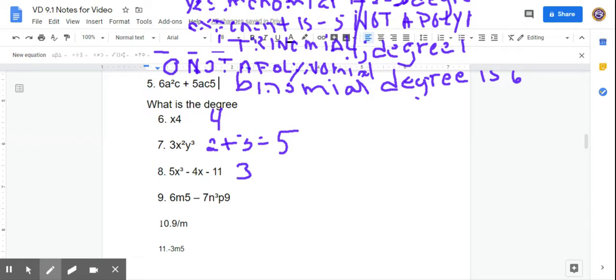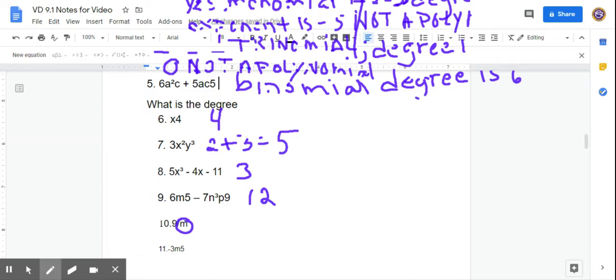Number 9, that should be 6m to the 5th power, so it has a degree of 5. And the next term, 7n cubed p to the 9th power, would have 3 plus 9, which is 12. So the degree here will be 12. 9 over m, so you can't do it.